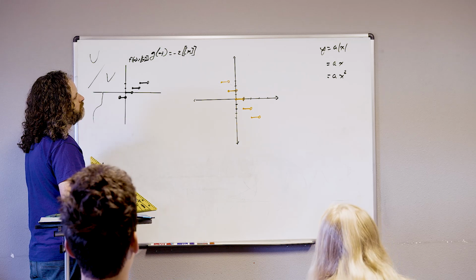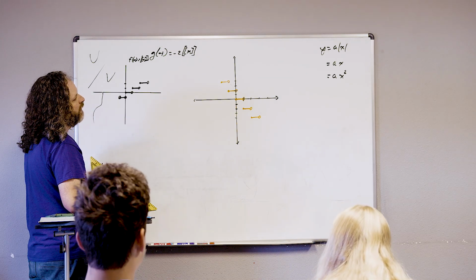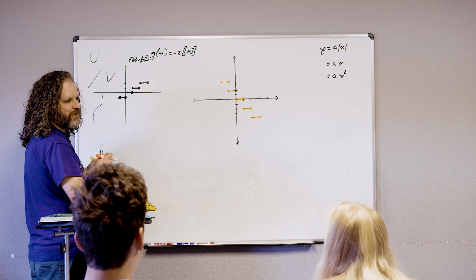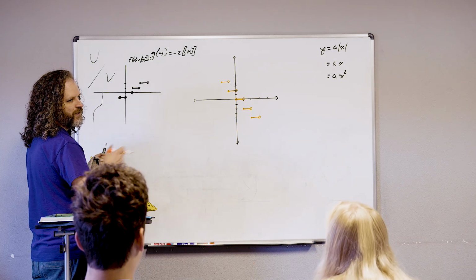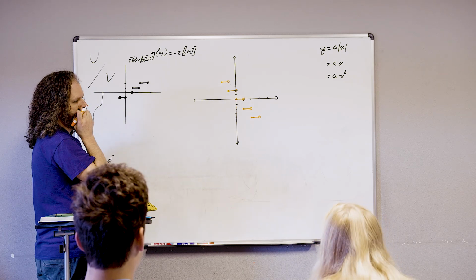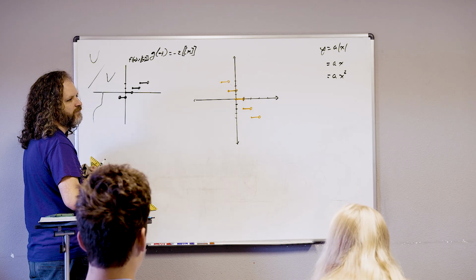It's always only 1 space, because there's no horizontal stretch. We won't really do anything with a horizontal stretch until later. So it's always going to be just however many down and over just 1? For a greatest integer function, yeah.